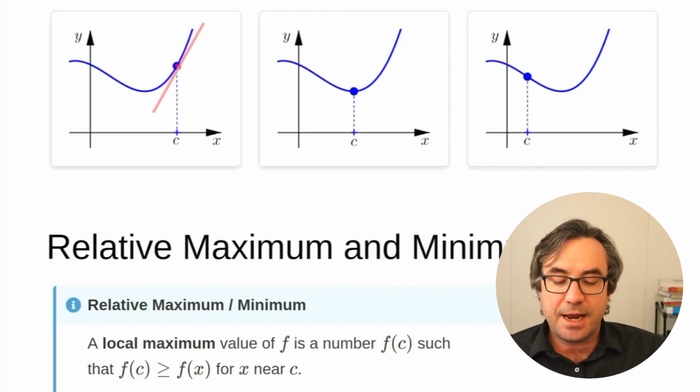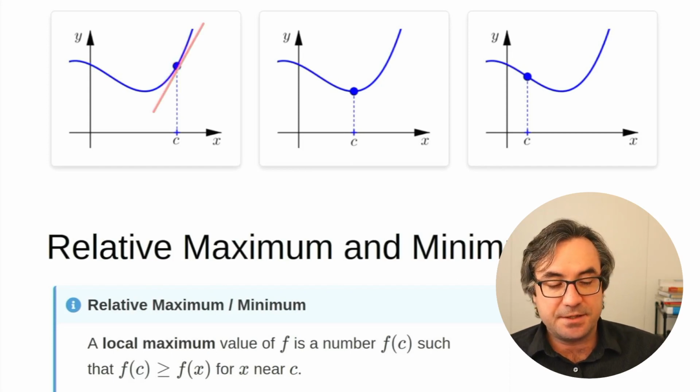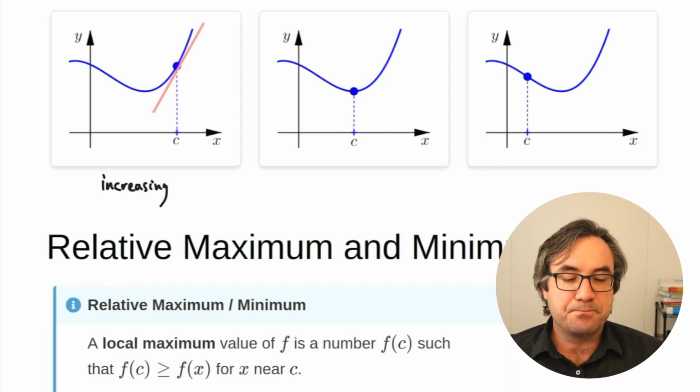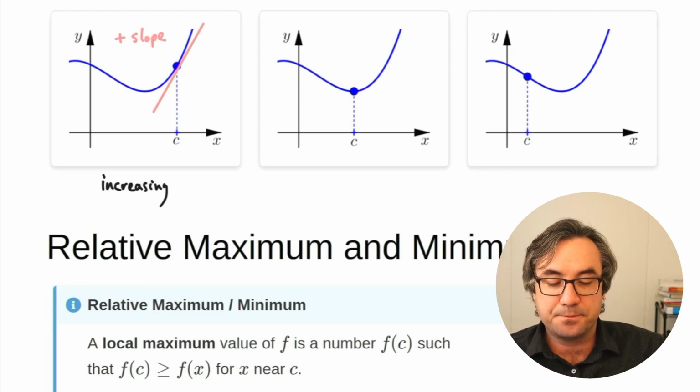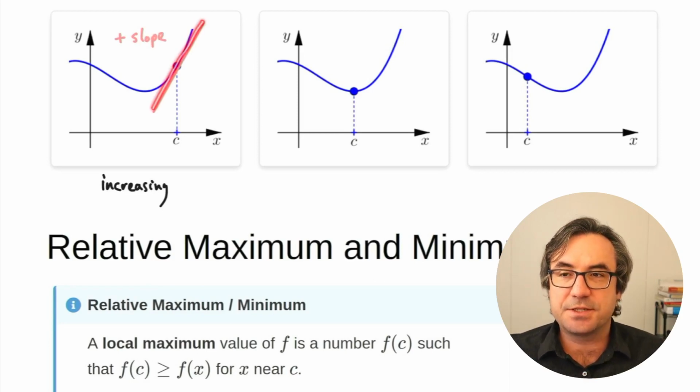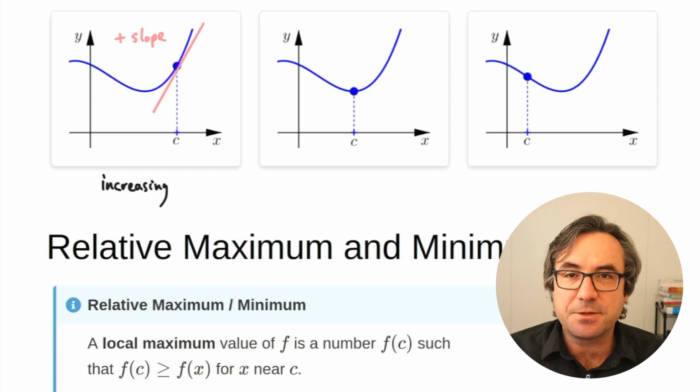So our function at this point is moving upward, so we say that it's increasing. Another way to see this is our tangent line has positive slope here. A tangent line that's going up in this direction has a positive slope.